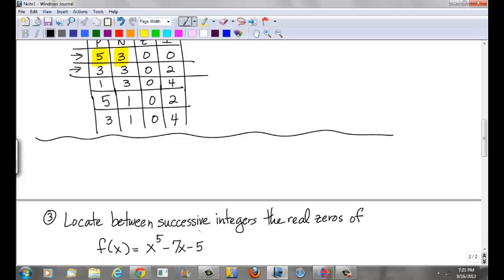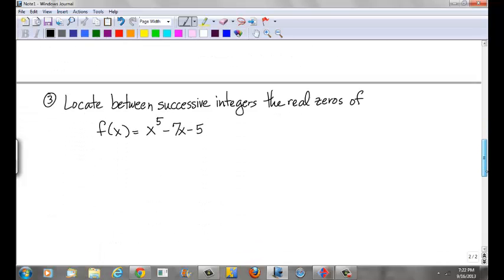Locate between successive integers the real zeros of that function.